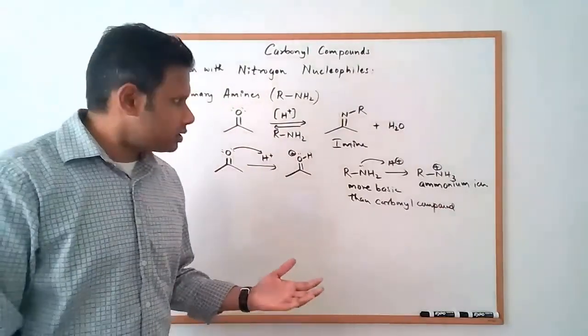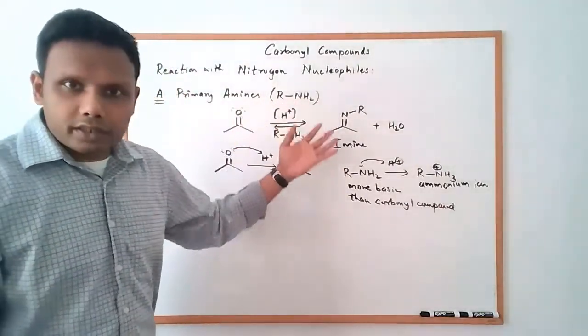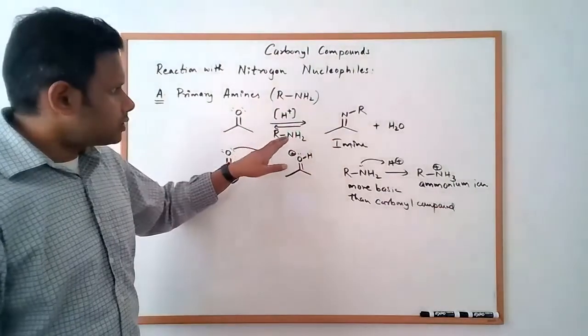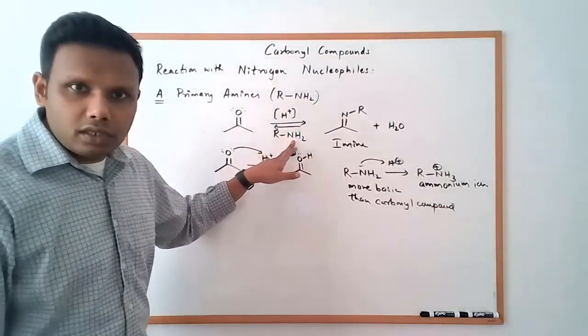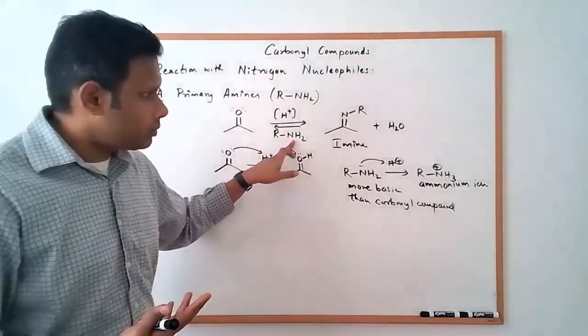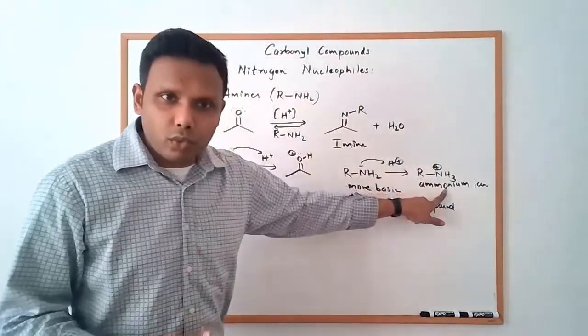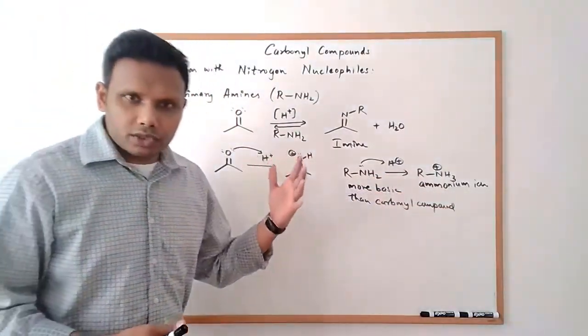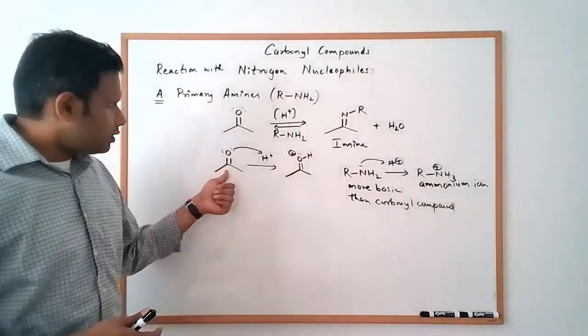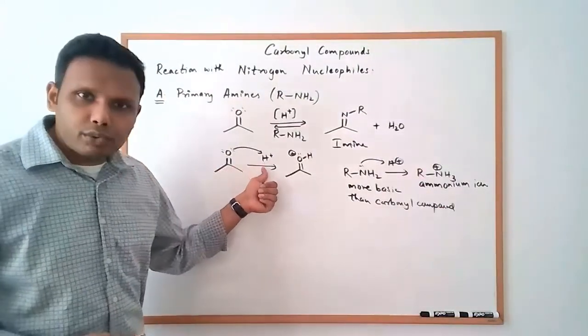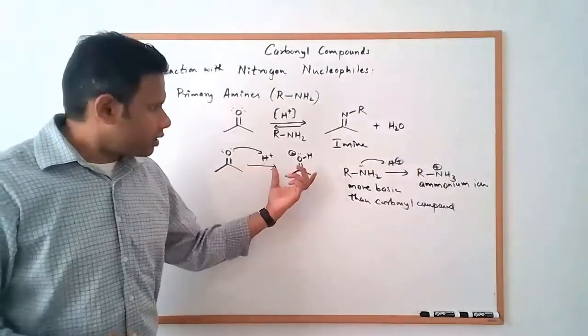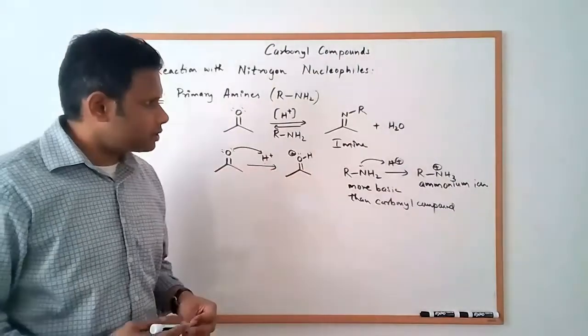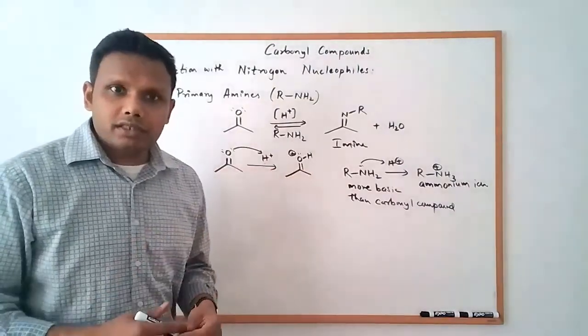So what that means is, under these reaction conditions, the chances of the amine getting protonated and existing as an ammonium ion is much higher than the carbonyl compound getting protonated and becoming that protonated carbonyl species. And that changes the mechanism a little bit.